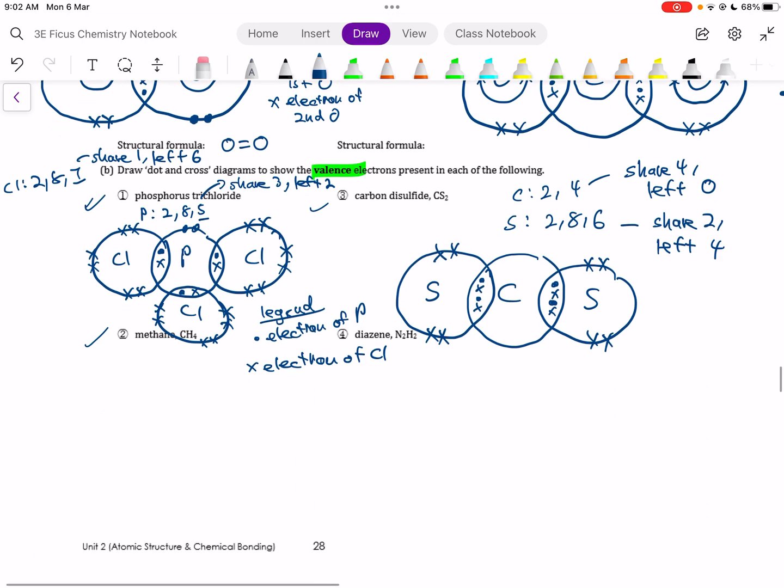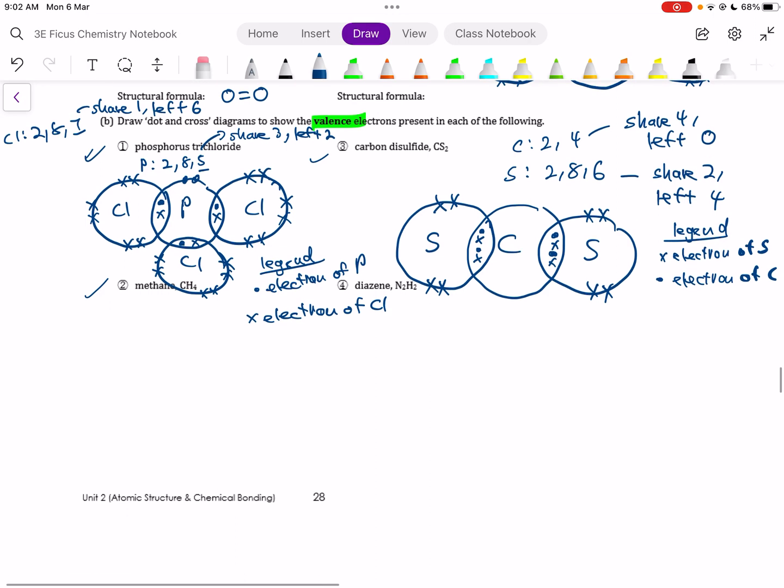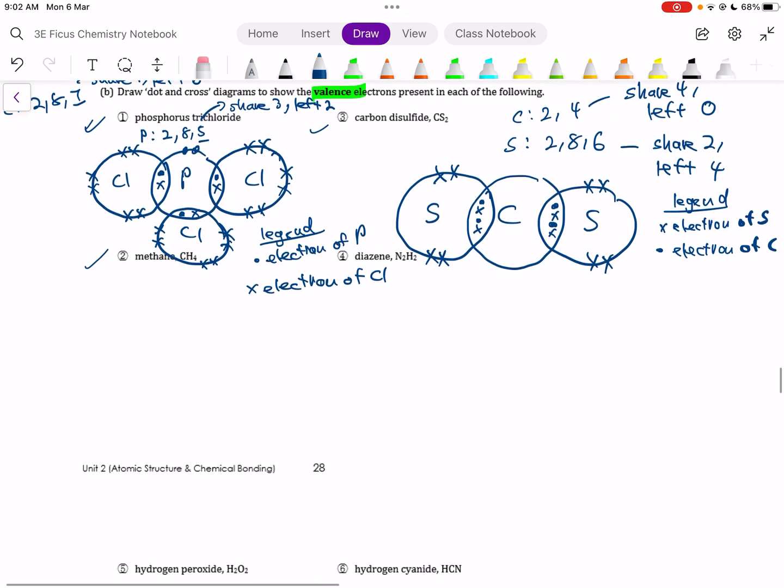So do check all of them got 8. So the legend, this is electrons of S, then dot is electrons of C. Then I have methane.